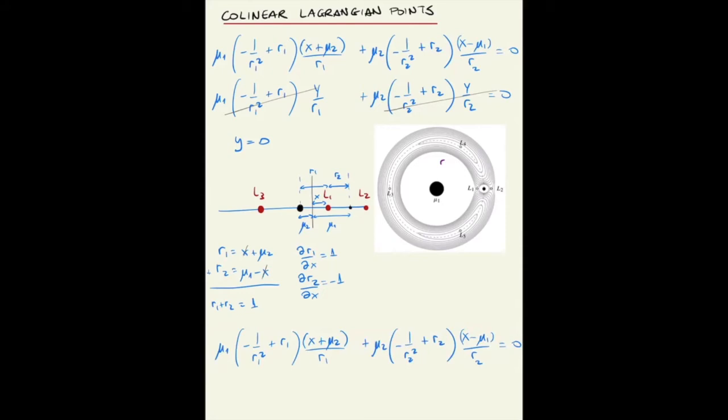If x plus mu2 is equal to R1, then this first term is equal to 1. And if x minus mu1 is equal to minus R2, then this term is equal to minus 1. This equation then becomes mu1 times (minus 1 over R1 squared plus R1) minus mu2 times (minus 1 over R2 squared plus R2) is equal to 0.